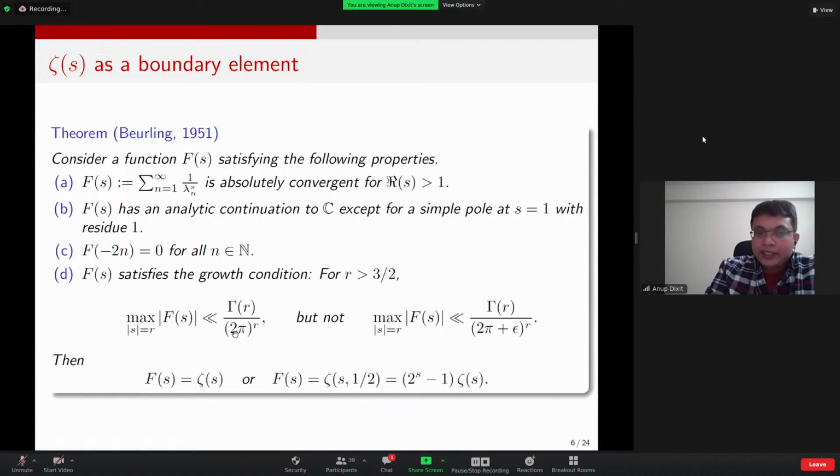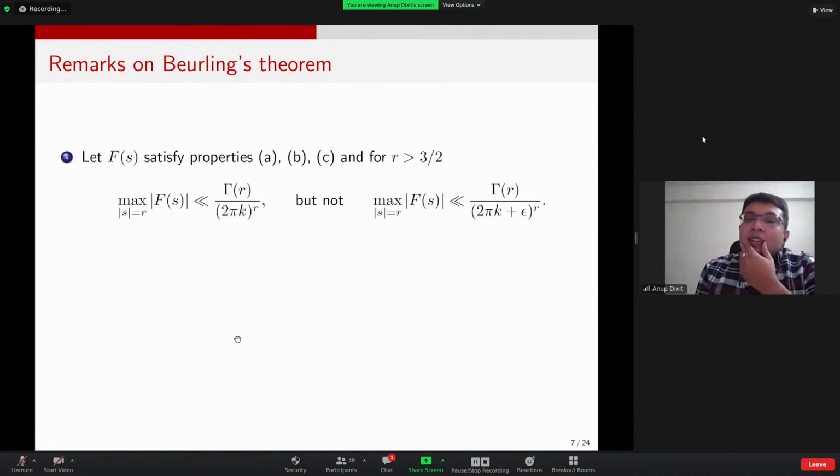What if I replace this 2 pi with a certain interval? If I say that this growth condition is satisfied, where instead of 2 pi you vary this over a certain interval, then what happens? It is also quite strange to note the following. Suppose my f satisfies this growth condition, that it's less than Gamma(r) over (2 pi k) to the r, so instead of 2 pi, let's say 2 pi k, but doesn't hold for 2 pi k plus epsilon.